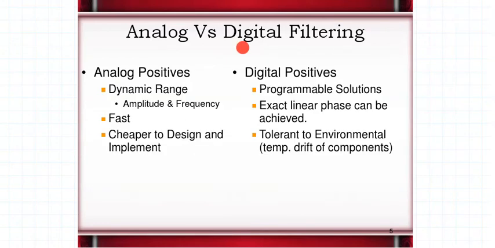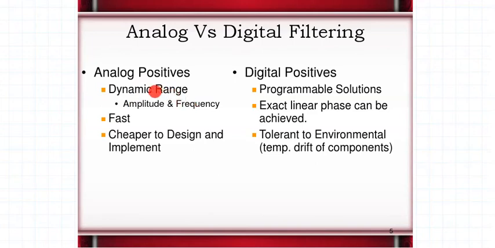Jumping into digital filters, let us have a close comparison between analog and digital filters. What are the positives of analog filters? Analog filters have a large dynamic range, both in amplitude as well as frequency. Analog filters can be designed from a minimum frequency up to very large frequencies, into giga and terahertz.